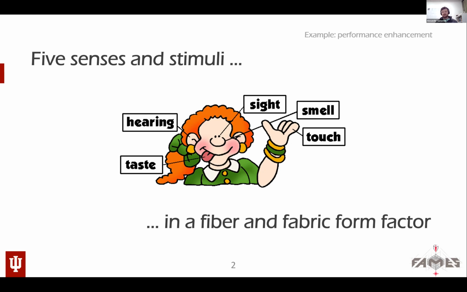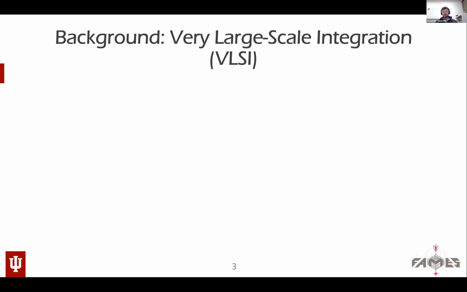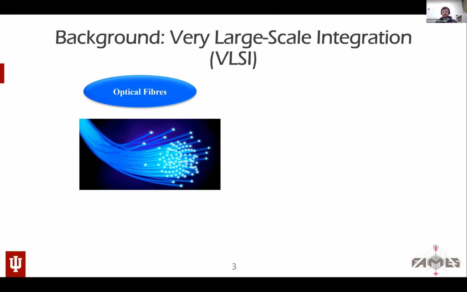Another example of active functionality would be a fiber that has data processing capabilities. In that case, you want to take something passive like an optical fiber. An optical fiber is ideally a passive device. It transmits a bit of information from point A to point B, ideally without any manipulation.